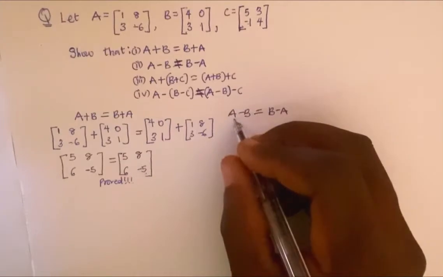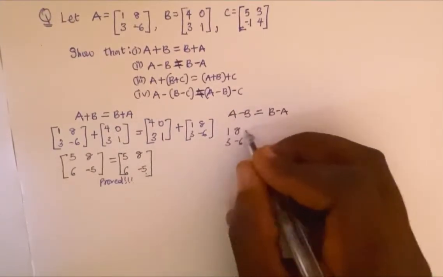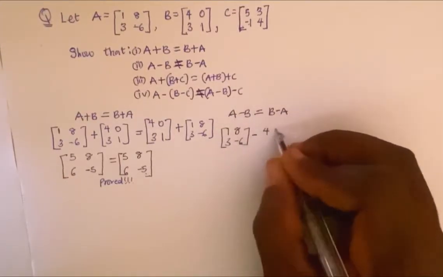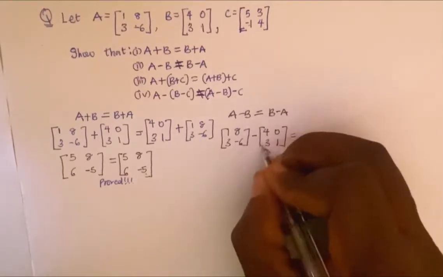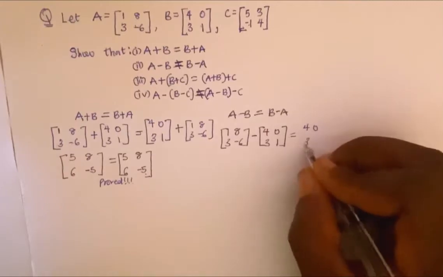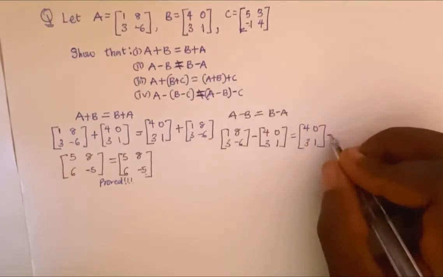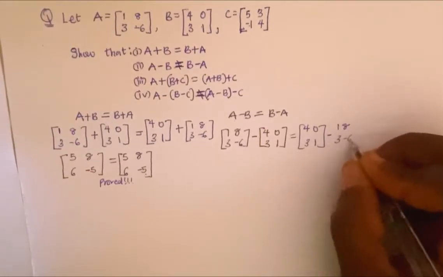So now our matrix A is 1, 8, 3, and minus 6, minus matrix B, which is 4, 0, 3, and 1. Then we have B, which is 4, 0, 3, 1, minus A, which is 1, 8, 3, and minus 6.